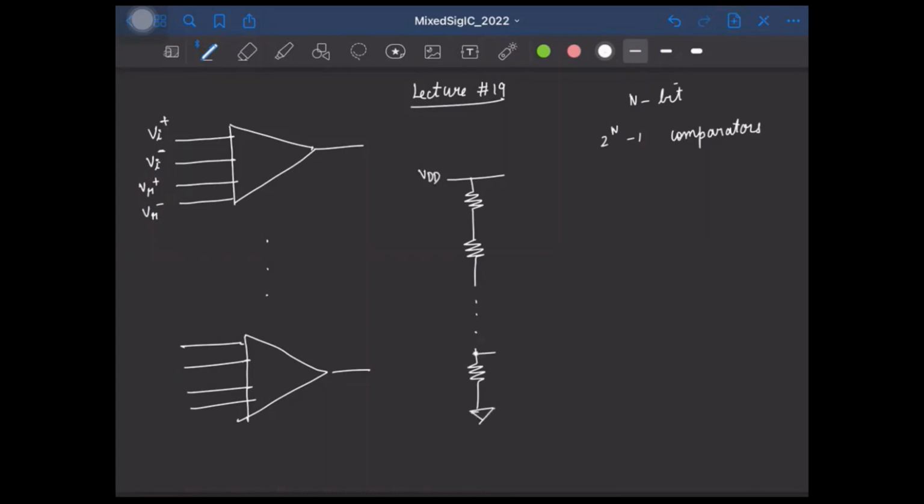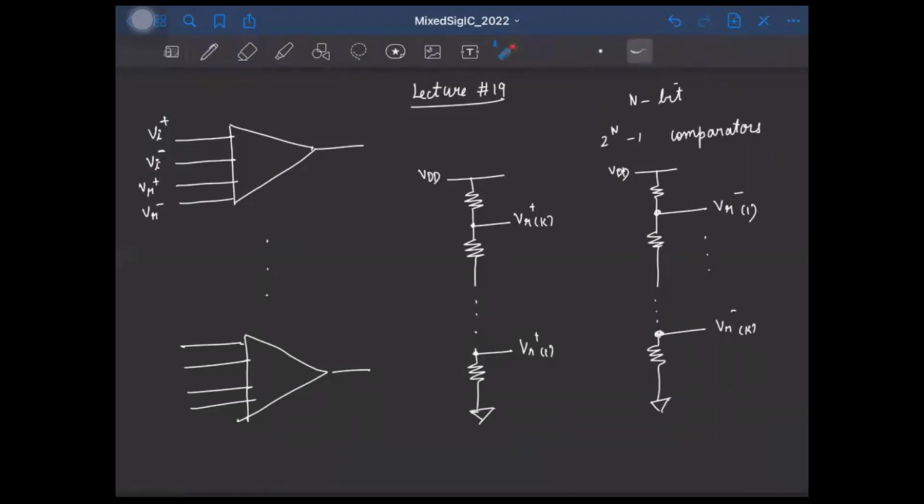And this voltage will give me the first positive reference, and this will give me the last positive reference, which I'll simply call R of K. Similarly, to generate the negative reference voltages, we have to have the same resistive ladder between VDD and ground. But here the top one will give me the first negative reference, and so on, and the bottom one will give me the last negative reference, right?